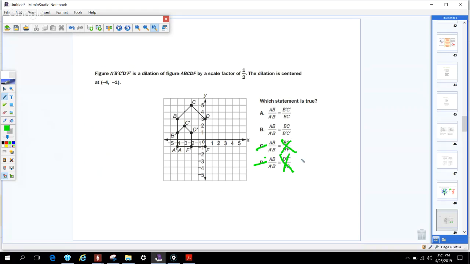Here, we have AB, which is our pre-image, over our image. Here, we have our image over our pre-image. So for that reason, it doesn't match up. So our answer is choice B, because it's AB over A prime, B prime, and BC over B prime, C prime, which is the pre-image over the image.